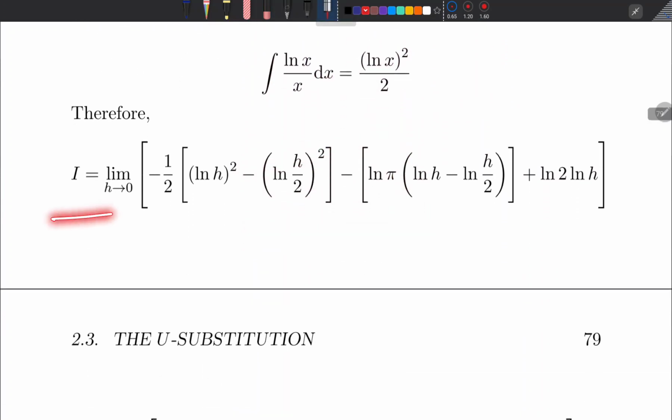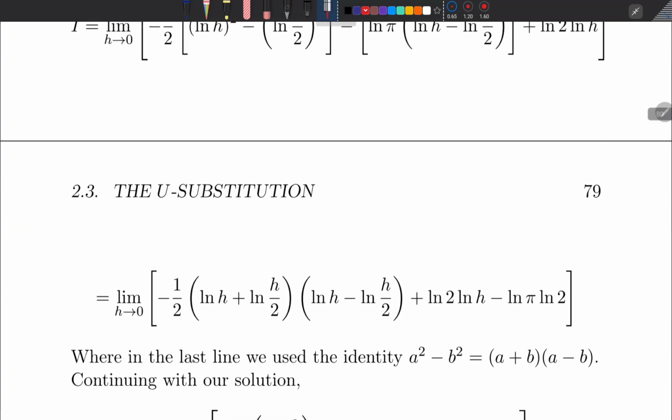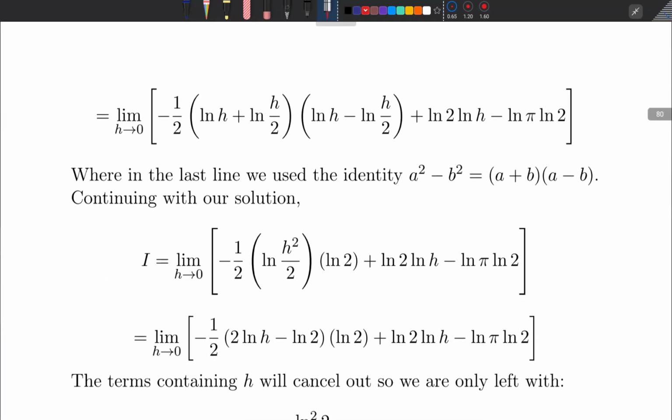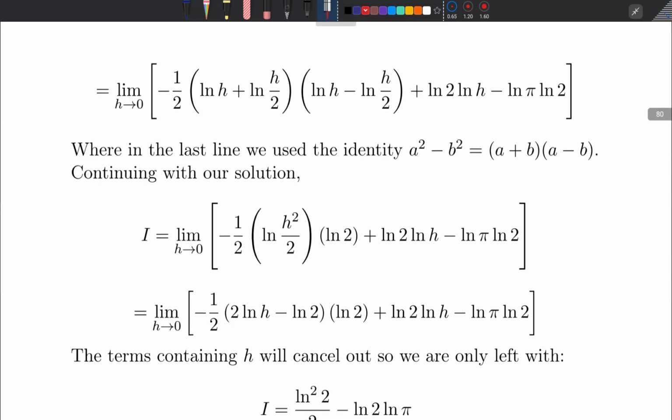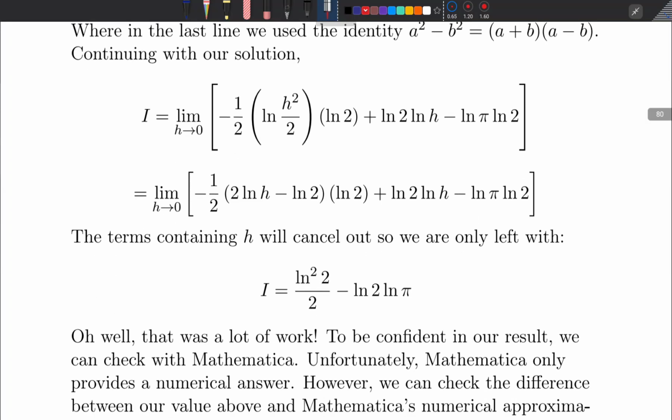And finally, substituting all the limits back into it, the terms containing h will cancel out, so we are only left with this 0, and this one is also 0.